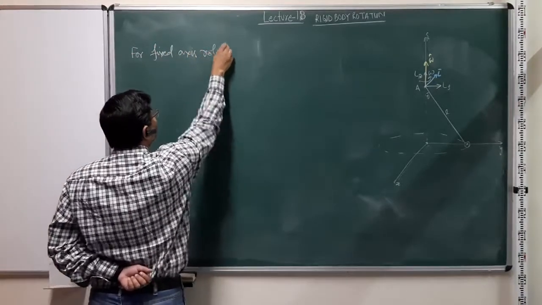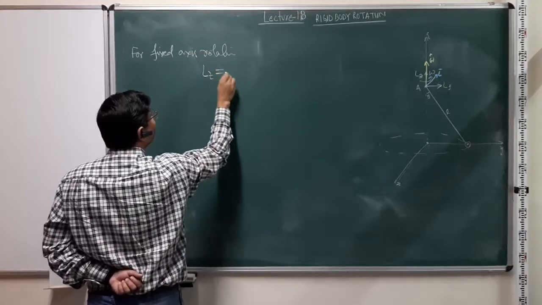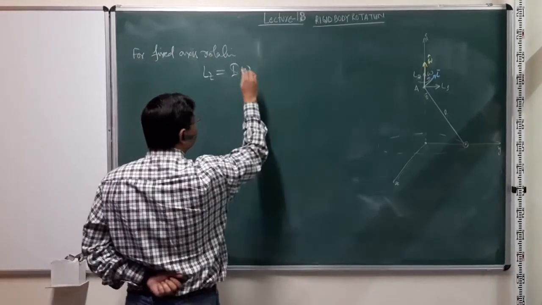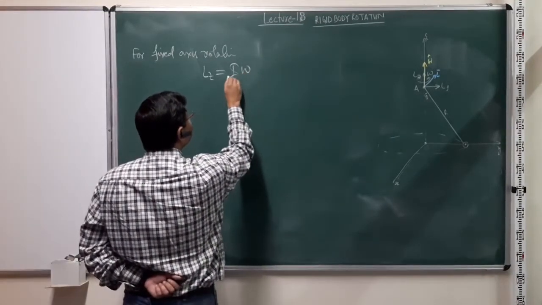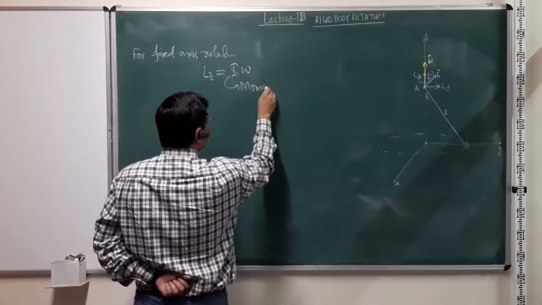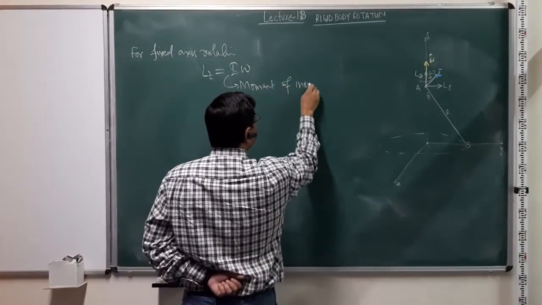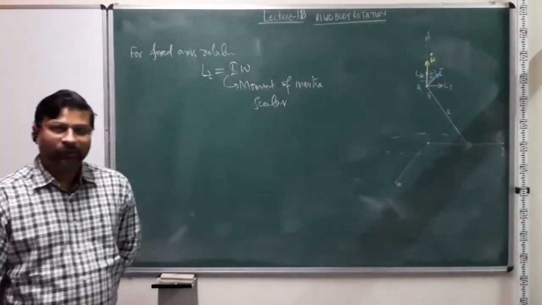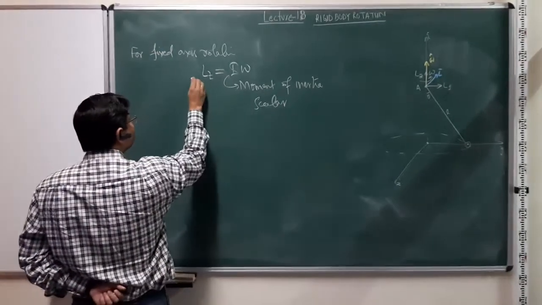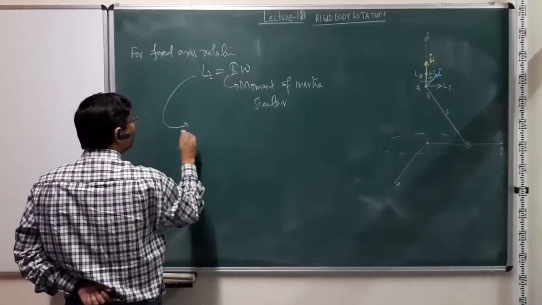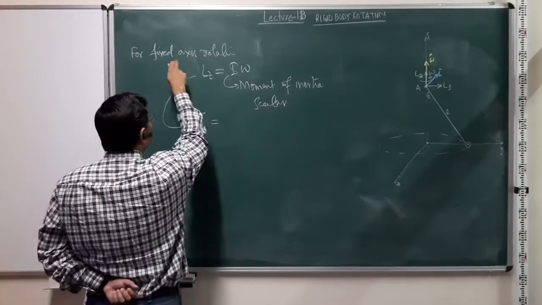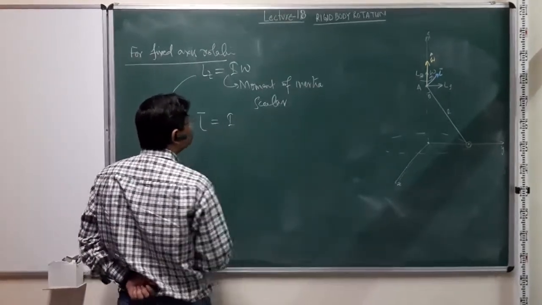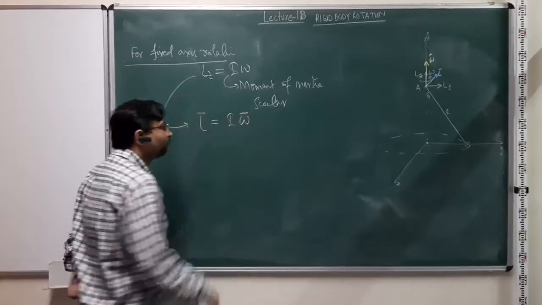For fixed axis rotation, we wrote down Lz as equal to I omega, where omega is also in the z direction. Omega has only one component at this moment. This I was called the moment of inertia, and we derived the expression for it, and it is taken as a scalar quantity. Knowing that omega is a vector quantity with components, in the case of fixed axis rotation I can still write down the L vector as this scalar times the omega vector.